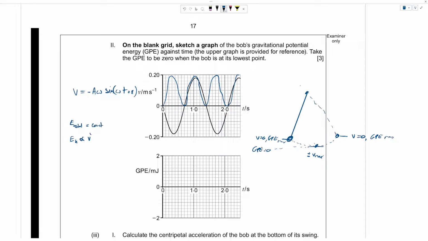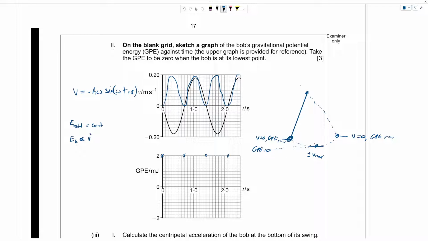So I need my GPE, as I kind of noted over here, that when V is 0, GPE is going to be a maximum. So we'll put our maximums every time V is 0, we have a maximum. So those are our max points.